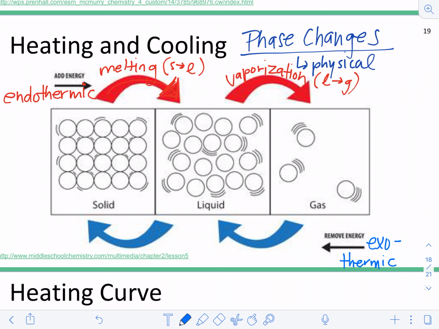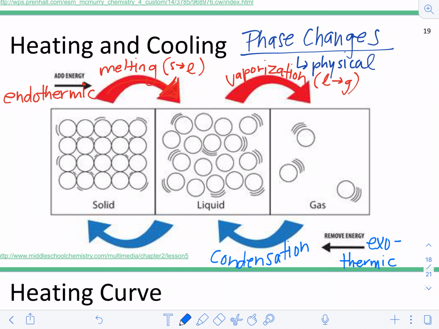All right, so our first arrow, I'm going to go to this arrow here on the right, from a gas to a liquid. So think about water vapor in the air. When it cools down, it turns into a liquid, into water droplets. So this is called condensation. And then our next arrow going from a liquid to a solid.